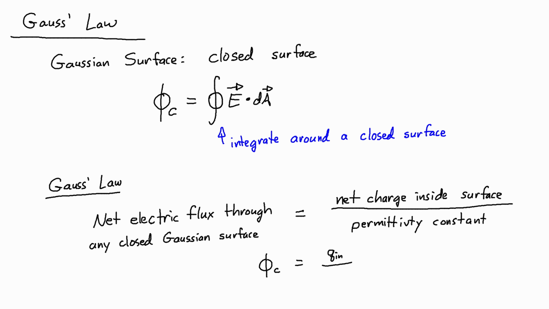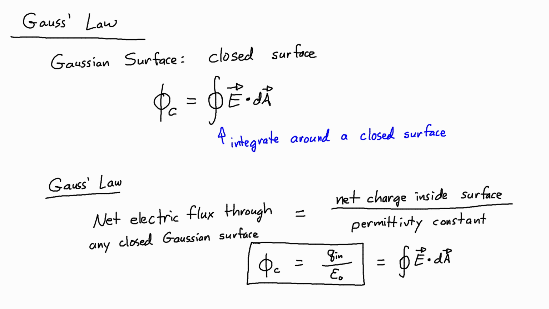That's the charge that's enclosed by the surface, that's within the surface, divided by the permittivity constant, which is epsilon naught. Now this is the same electric flux through a Gaussian surface, so I can say that this is also equal to this closed surface integral of the dot product of the electric field dot dA.